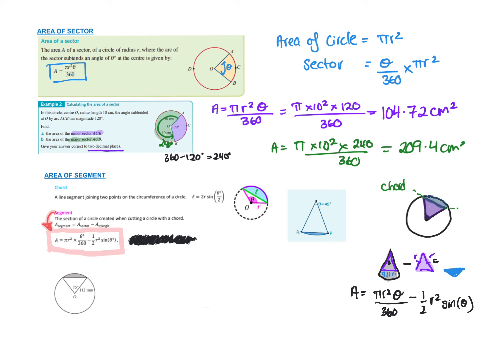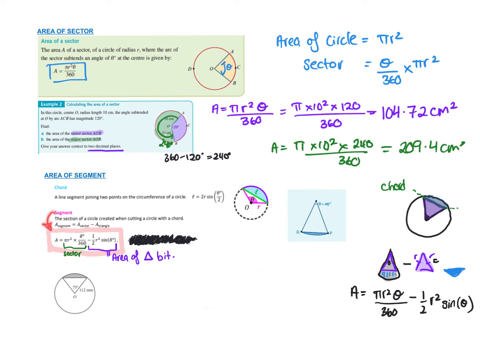So what I want you to write underneath this bit is to take note that that's the area of the triangle bit. Sometimes they might ask you for that bit, and you have to be wary that that's the triangle bit. And this start bit is obviously the area of a sector. Okay, just so you're aware.